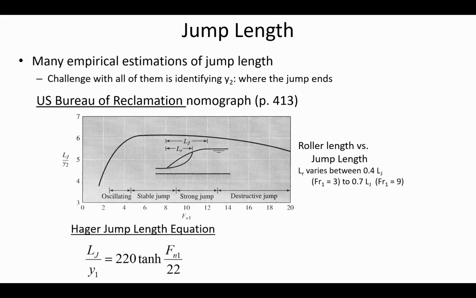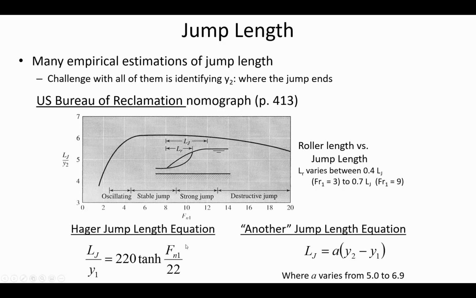In addition to the Bureau of Reclamation nomograph, the Hager equation can estimate what the length of the hydraulic jump will be. And here you can see we're using the hyperbolic tangent equation, which is kind of a rare application of that, with the Froude number going in. That would be another way to describe the length of the hydraulic jump.